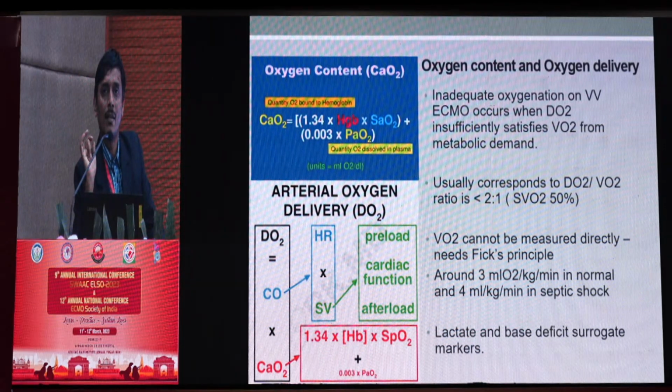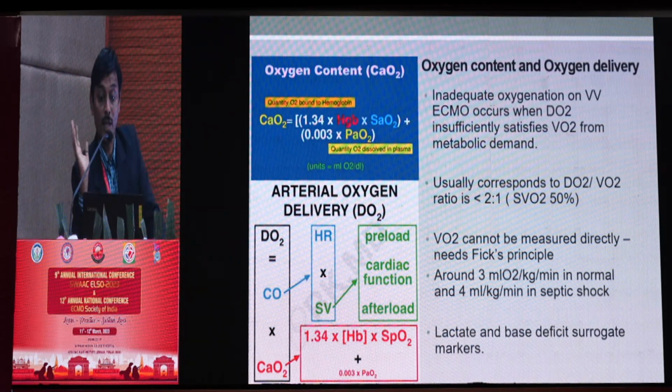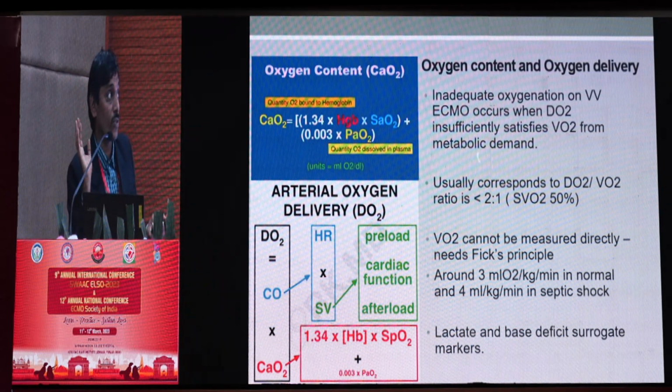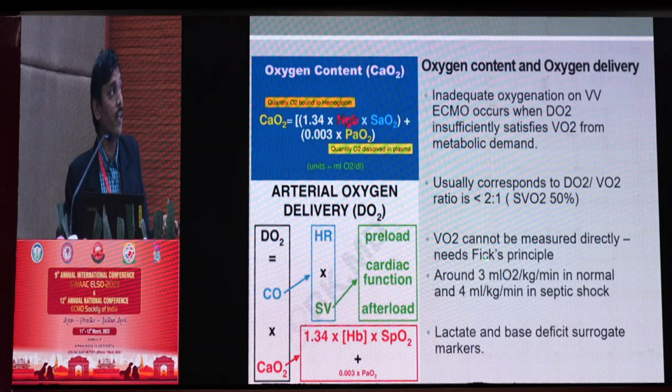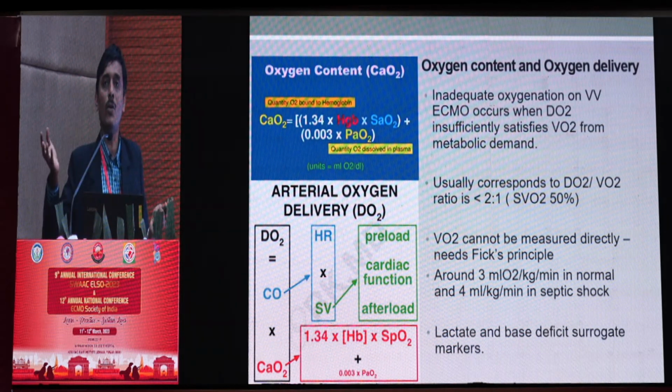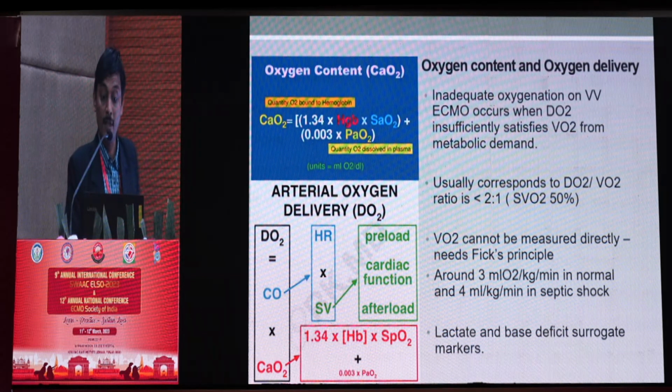And this usually happens when your delivery of oxygen to oxygen consumption, DO2 to VO2 ratio, is less than 2:1, right? Now, the biggest problem in clinical practice is you cannot measure VO2 directly, while DO2 can still be measured using the various parameters you have by the bedside. As I said, these are complex mathematical equations. Your brain doesn't want to do it when you see your patient's saturation of 70. But this is what reality is.